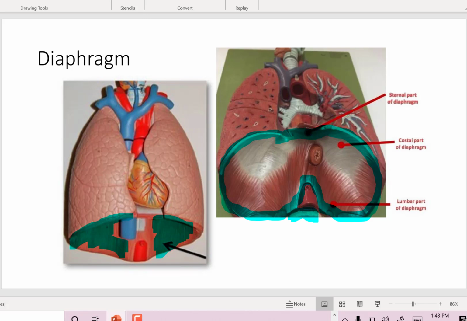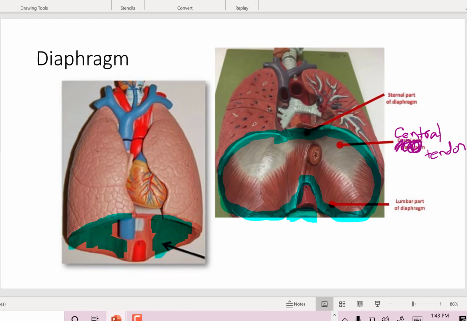Its insertion is this central tendon. It says costal part of diaphragm, but I'm going to change that just to read for the insertion central tendon, and it looks all white, right? Tendons are made of connective tissue and they have a white appearance. So that's the central tendon.